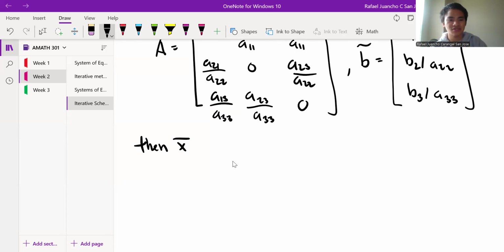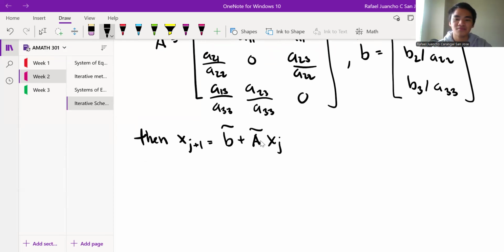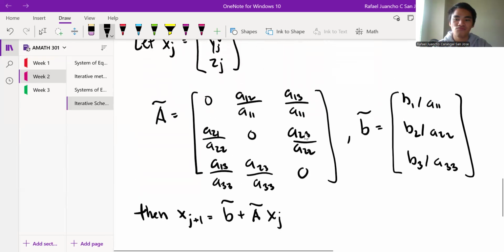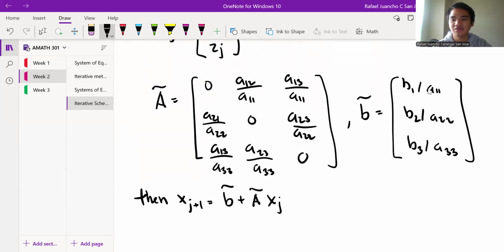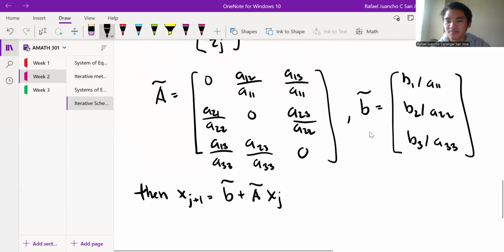Well, we can say that our x vector at j plus 1, xj plus 1, is b tilde plus a tilde xj, right? Apparently if I do this, let me try one of them actually. Let me do the first one.